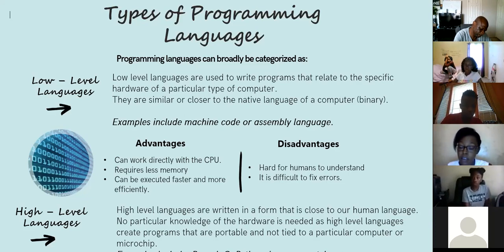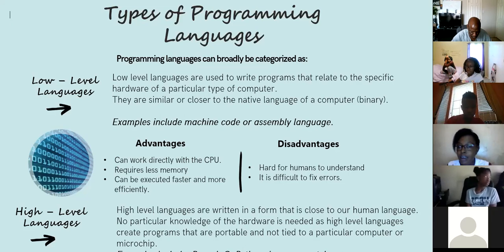For a specific CPU, you'll write machine code for that. For a specific computer, you'll write machine code for that specific computer. So you tailor-make it, like the way we have designer clothes. That outfit is made specifically for you, for your shape. It's the same thing with machine code and assembly code.